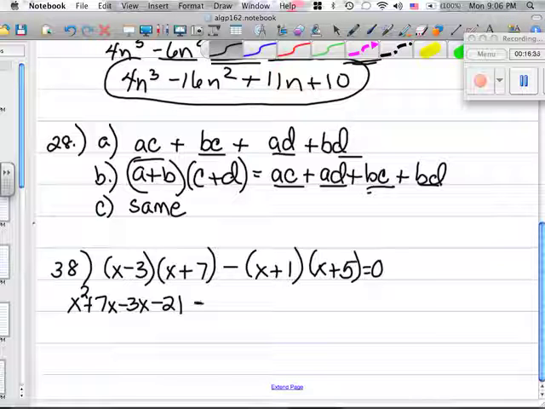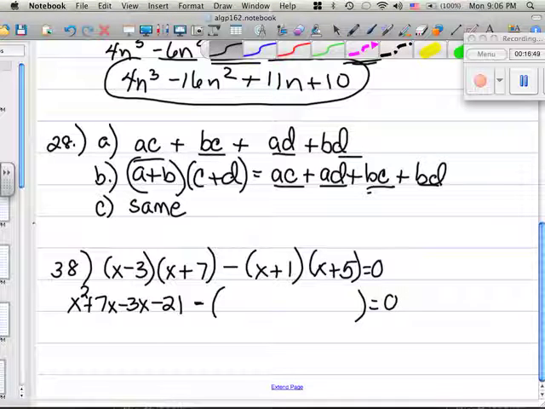On the second one, you're going to have to be careful with the minus sign. If we go ahead and use FOIL first, and then take the opposite of everything, as we're subtracting one polynomial from the other, we get x squared plus 5x, outer terms, inner term x, and last 5.